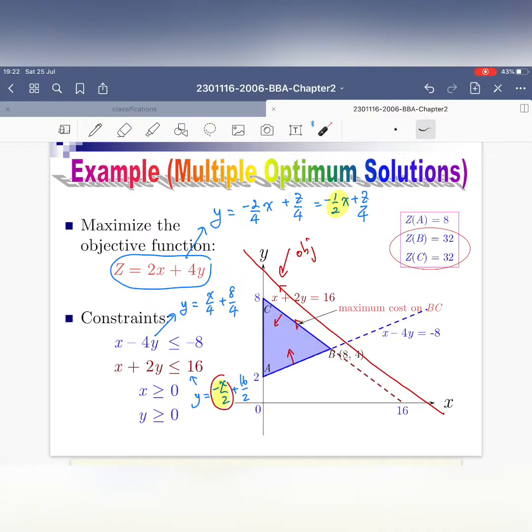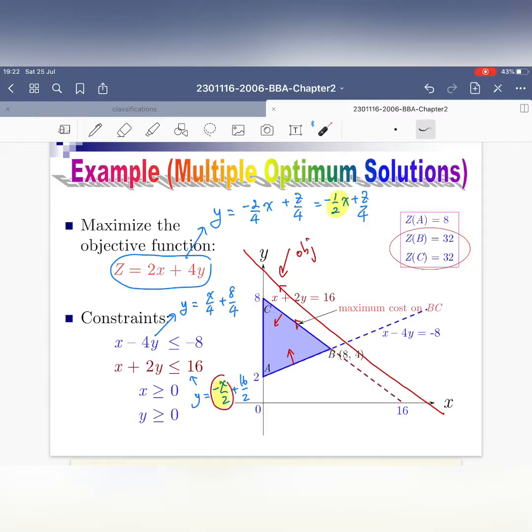So it means that it's not only this point that will give you the maximum solution, but also all the points on this line segment will give you the solution. And usually it is indicated by two points on the same line that give you the same value.